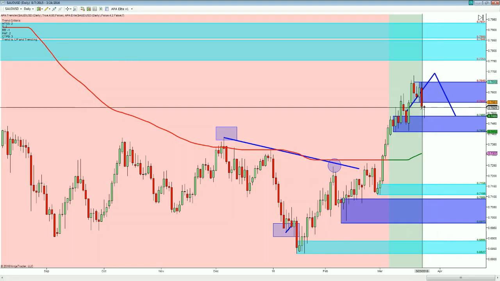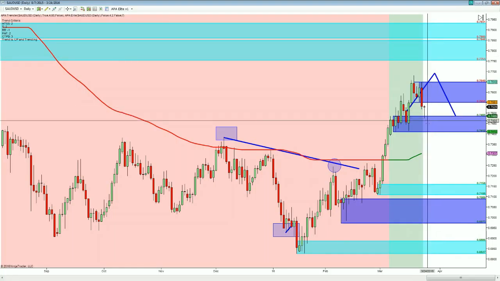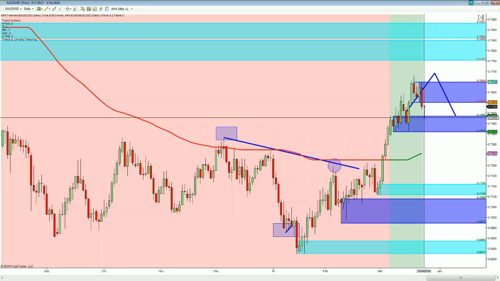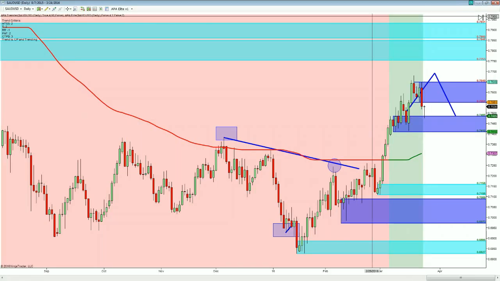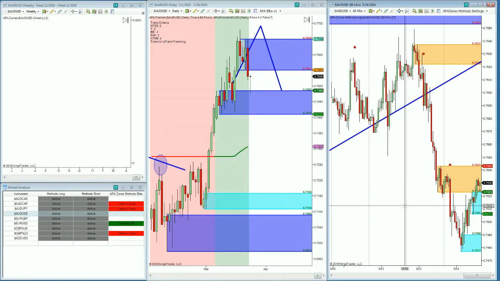But if you're looking to play the trend follow method, getting long here in this daily demand zone would have been a good idea to do so. That's about it. Just look to find entries in this level down here and follow the trend.